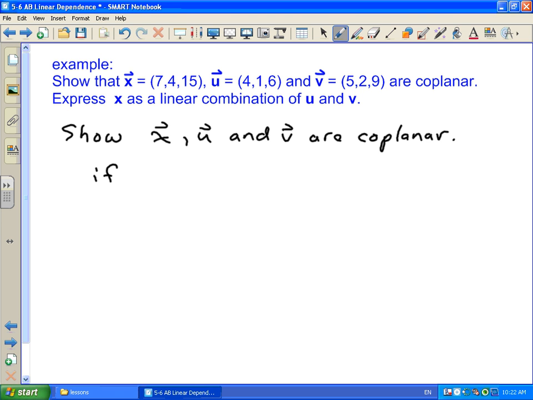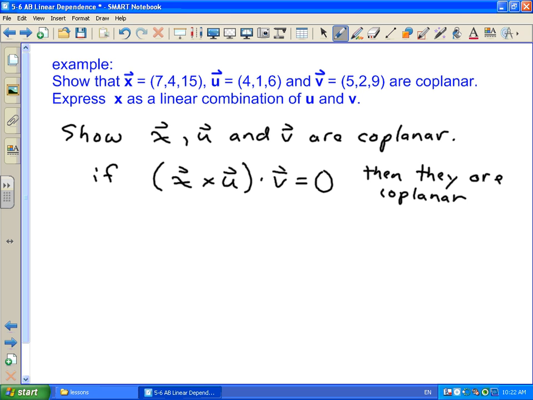If I take the triple scalar product, x cross u, and I dot it with v, if this equals 0, then they are coplanar.